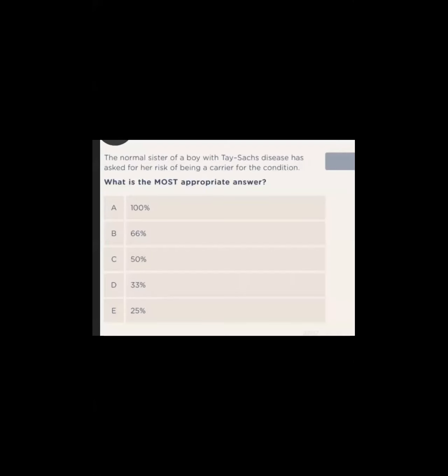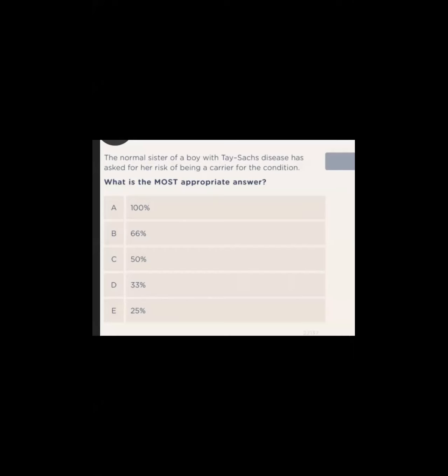Now the next question, the last question: the normal sister of a boy with Tay-Sachs disease has asked for her risk of being a carrier.